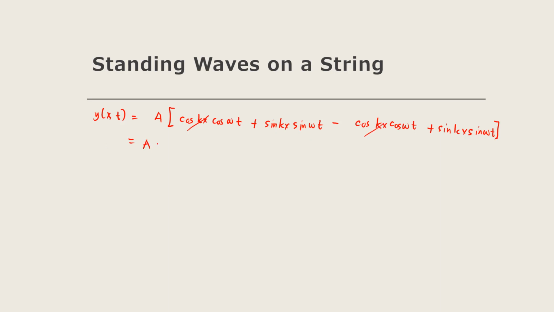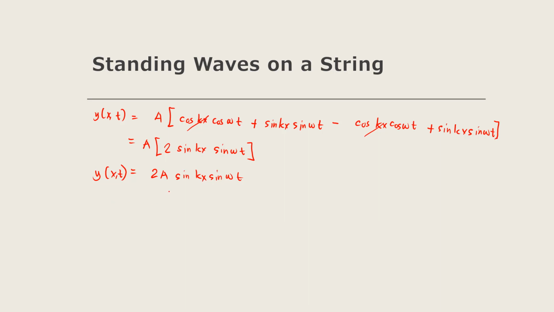We are left with A, and then we have sine kx sine omega t plus another sine kx sine omega t. So we have 2 sine kx sine omega t, or this is equal to 2A sine kx sine omega t. This is now the wave function for our standing wave pattern.